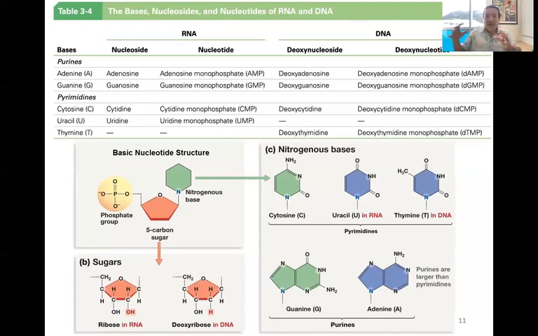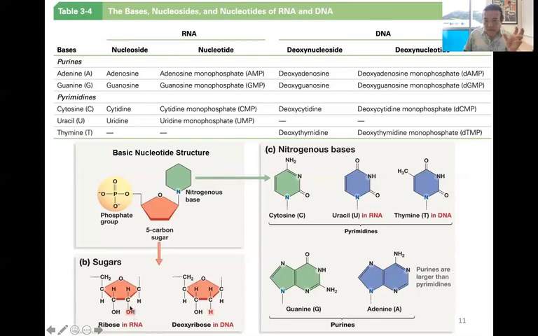So a nucleotide then, in order to come together to form a functional monomer that's used as part of making a nucleic acid, you would take one of these nitrogenous bases, as pictured here, and attach it to a 5-carbon sugar. These are based on ribose sugars. So ribose sugars are these 5-carbon sugars.